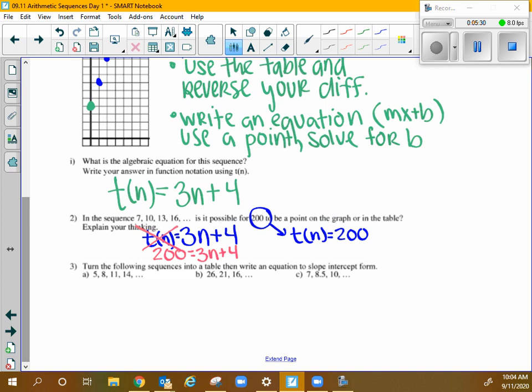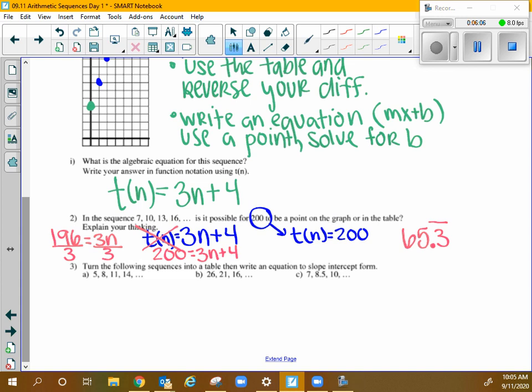Okay, so 200 minus 4? 196. And 196 divided by 3. Okay, 65.3. You can't have a 65.3 term.